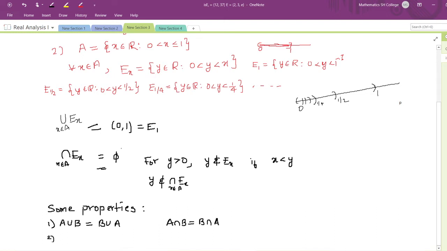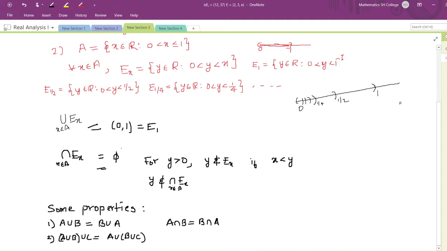So the first one is called the commutative law. The second one is (A union B) union C, and I'm writing the associative law. It is equal to A union (B union C). Try to prove this. How can we prove A equal to B?